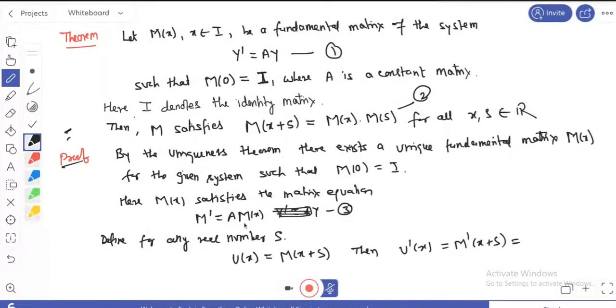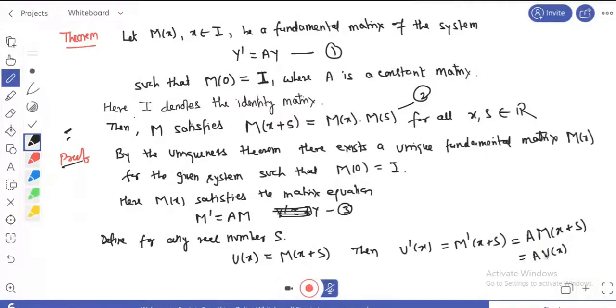M prime is A M, so you can write A times M of x plus s. Because this fundamental matrix satisfies this matrix equation, this equals this thing. And here you define M(x plus s) as u, so this becomes A of u(x).